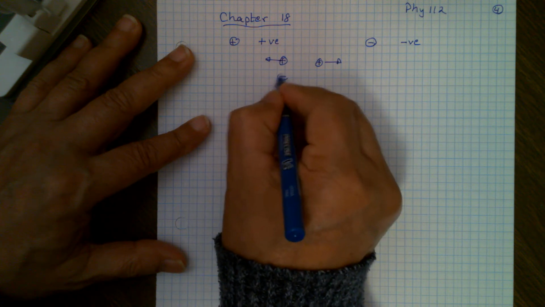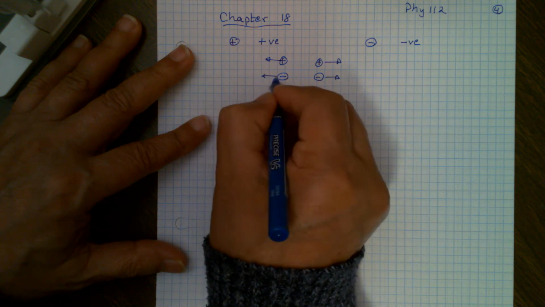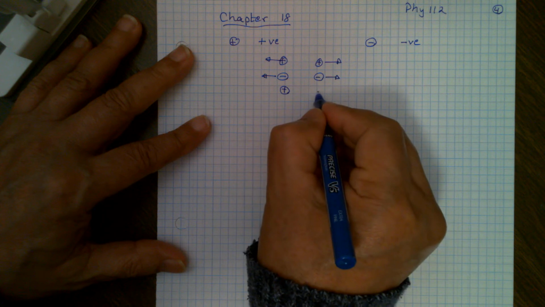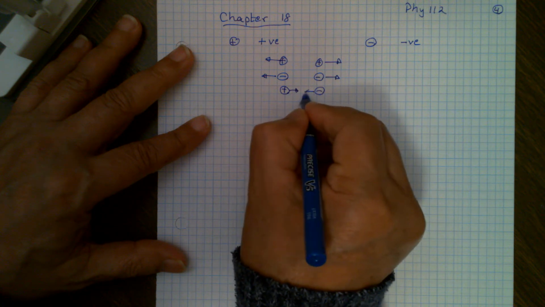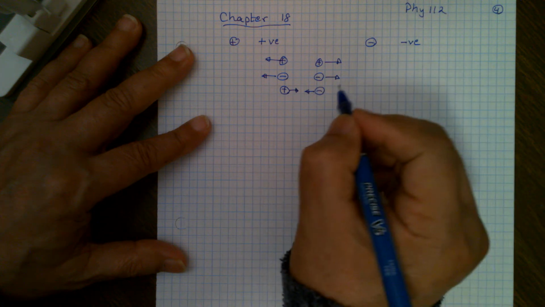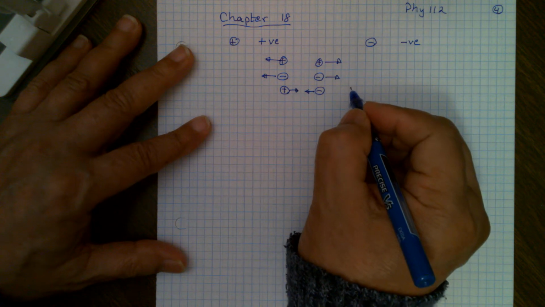Similarly, negative and negative charges will repel each other. And unlike charges, let's say plus and minus, will attract each other. So we say that like charges repel, unlike charges attract. Okay, don't forget that.